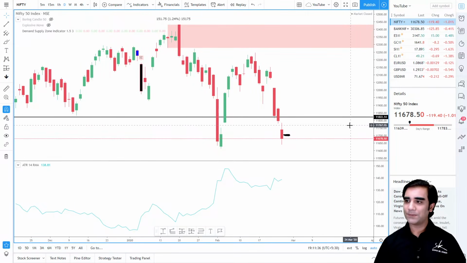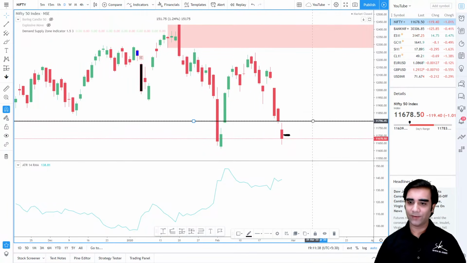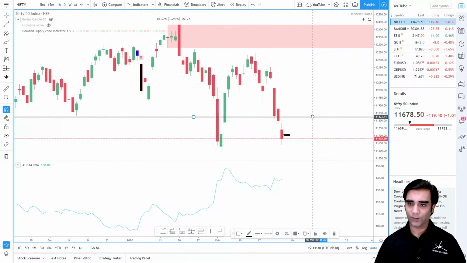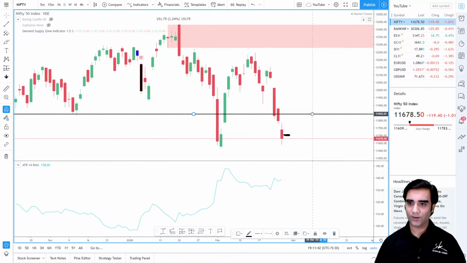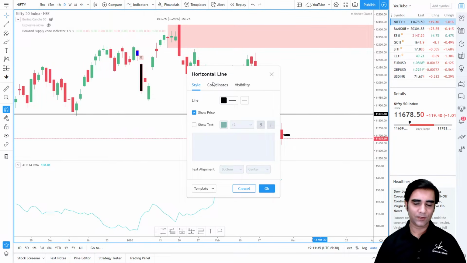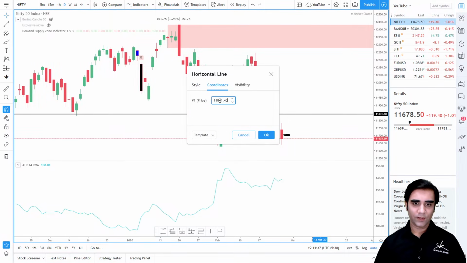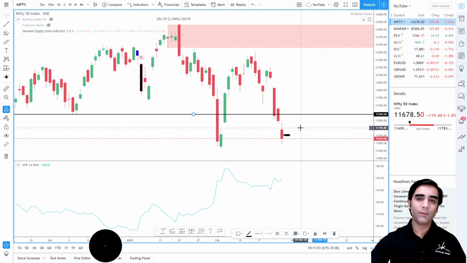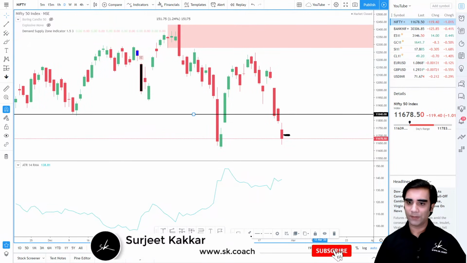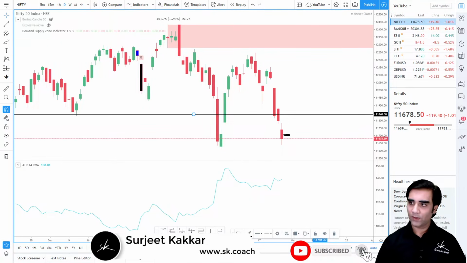So what I'm expecting is that the maximum it can go is 11,840. Let me mark that. Similarly, the minimum I'm expecting it to go is 11,700 minus 140, which is 11,560.